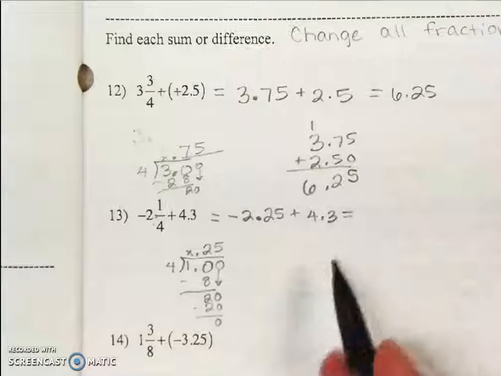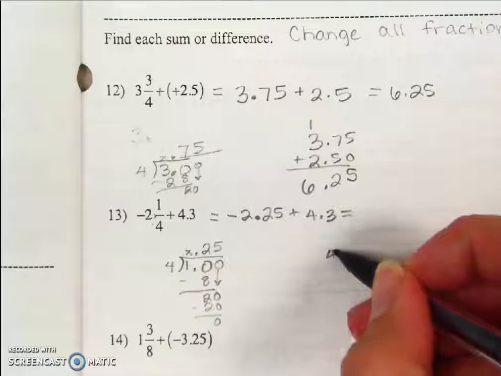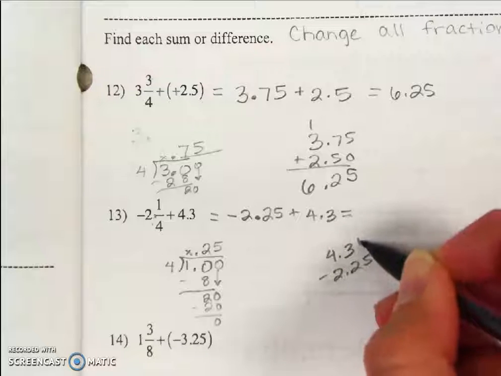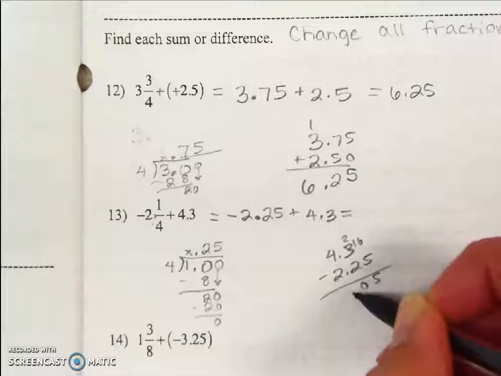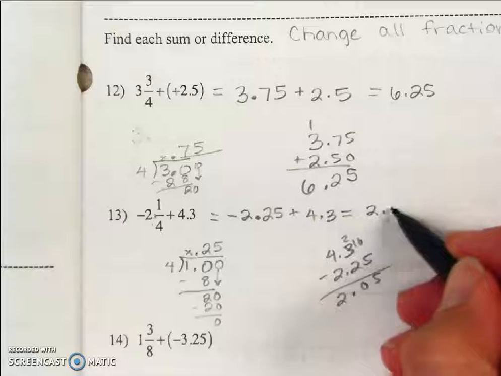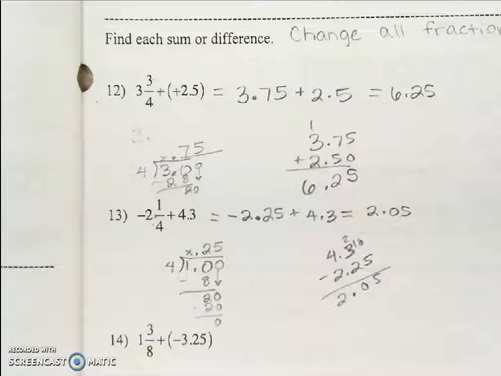Do I have more negatives or more positives? Well, I have more positives here, so we'll subtract 4.3 minus 2.25, adding in that 0. And let's borrow. We get 5 and 0 and decimal and 2. So that means we would have 2.05, and we had more positives, so our answer is positive.